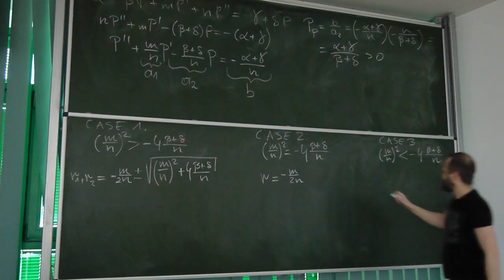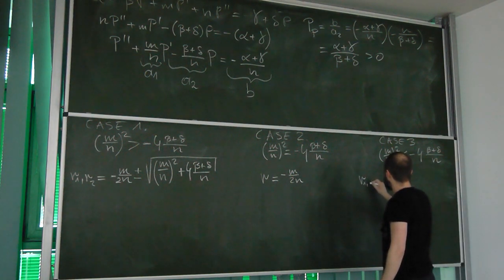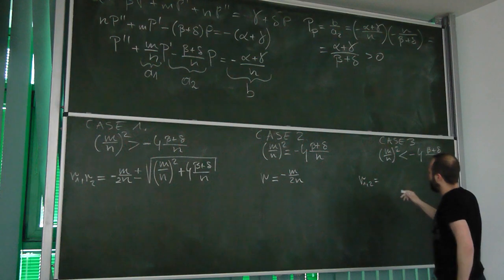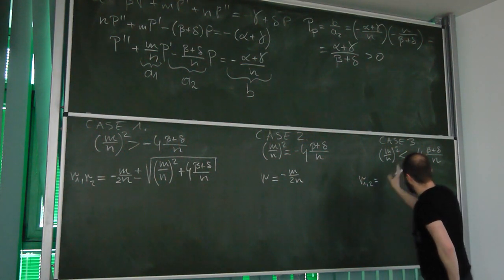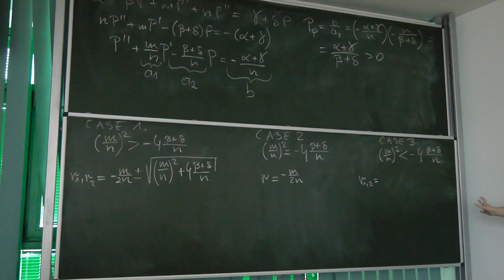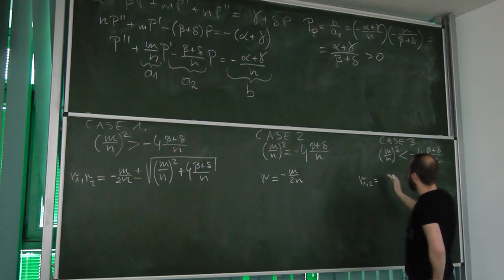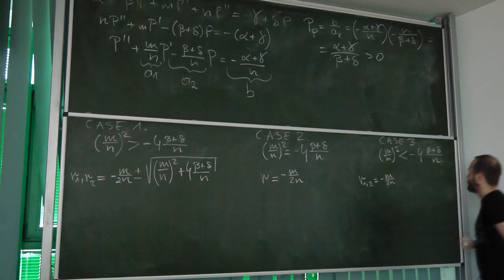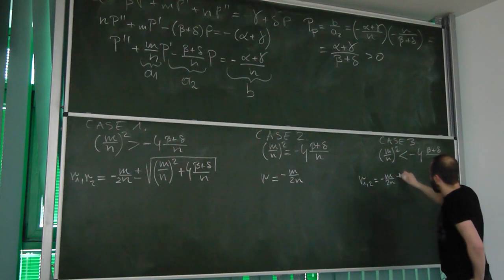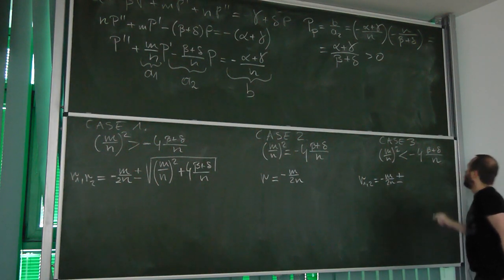And finally, in case number 3, again we will have 2 roots, but of course we will have complex roots. The real part of a complex root is given by negative m over 2n, and then we will have plus minus.